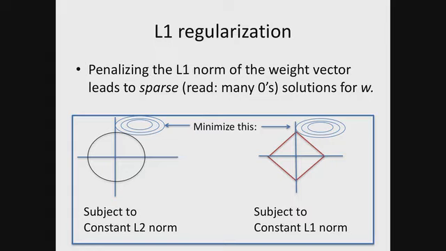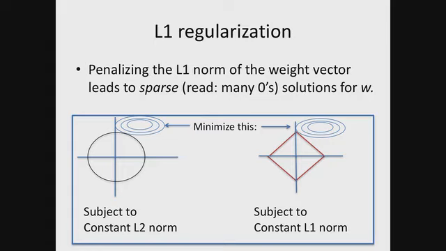Suppose now you're trying to minimize that objective function subject to the solution having to be either on the ball, which is what you would do if you were optimizing the L2 norm, versus living on this diamond, which is what would happen if you were optimizing the L1 norm. Well, the optimal solution is going to be, in essence, the closest point along the circle, which gets as close as possible to the middle of that level set.